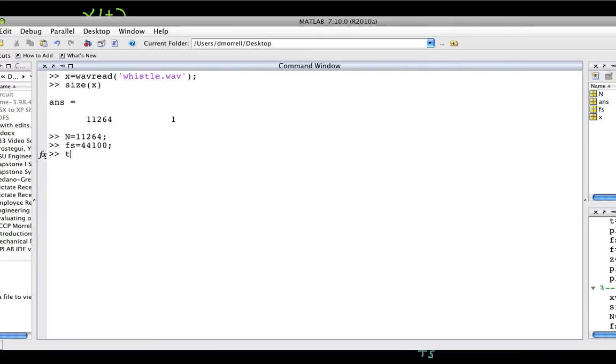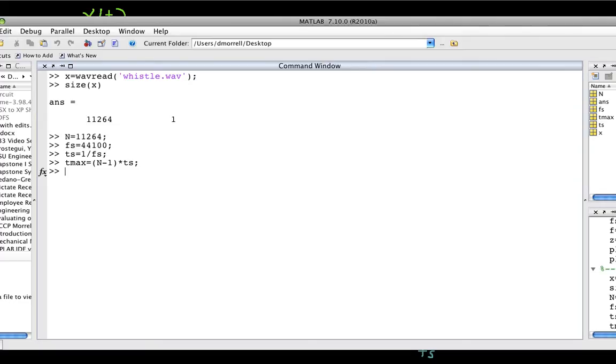And from this I can compute T_s as being equal to 1 over f_s. And I can find that T_max is equal to (N minus 1) times T_s. Okay, so I think I've got all the information I need to plot this signal both in the time domain and in the frequency domain.